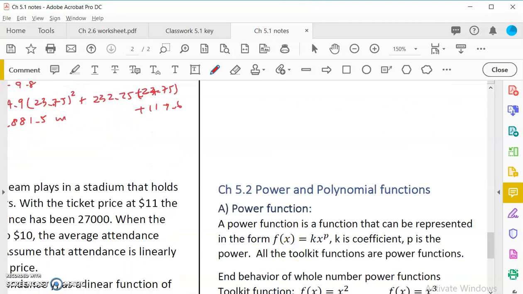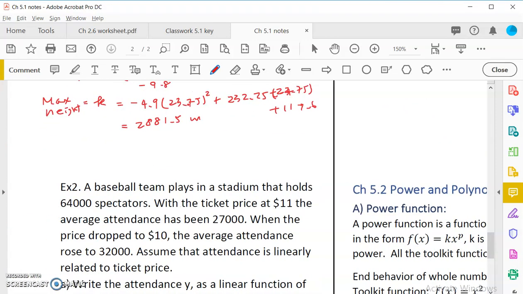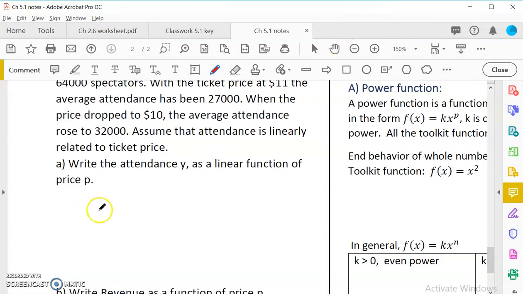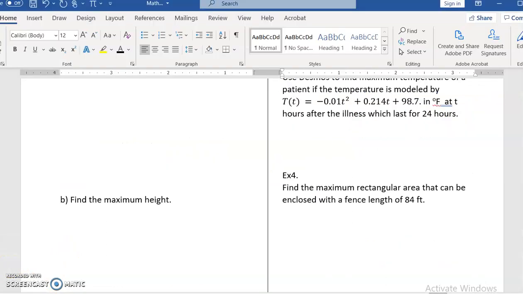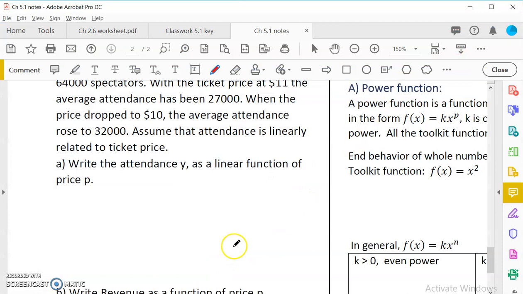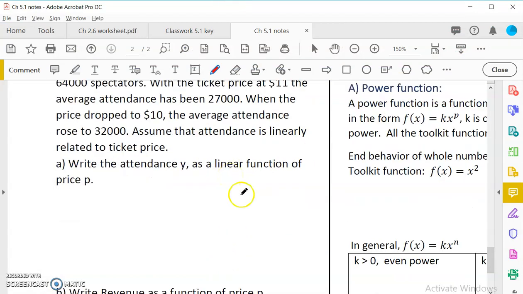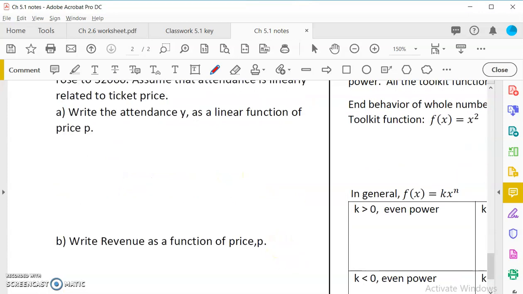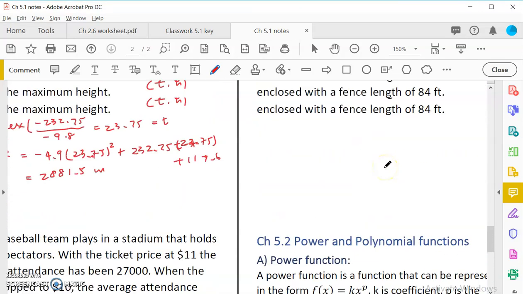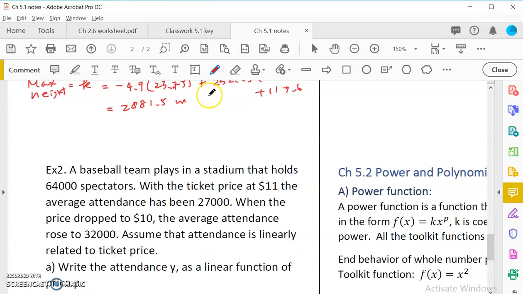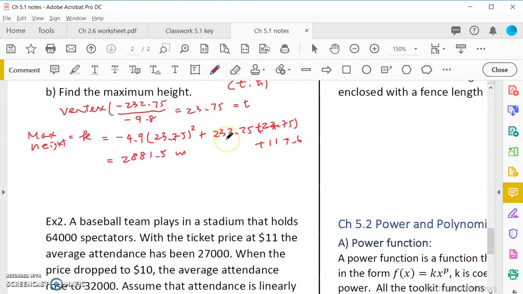Maybe I'll just do the second one and the third one in the next video, because I think it's too rushed to do all of them at the same time. The second question is about price and attendance. It's a pricing issue, a revenue issue. And the third one is about a rectangle. So this is the first question about height and motion.